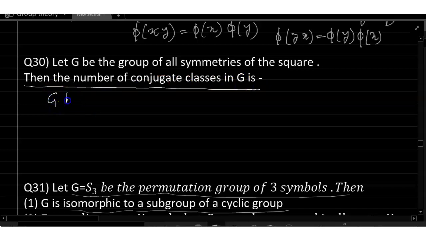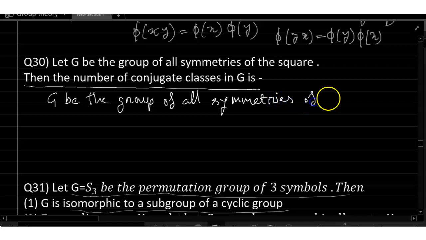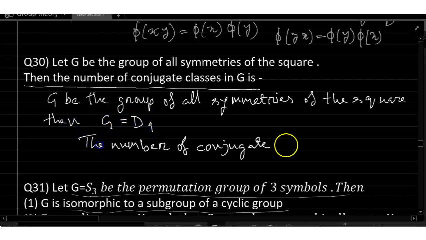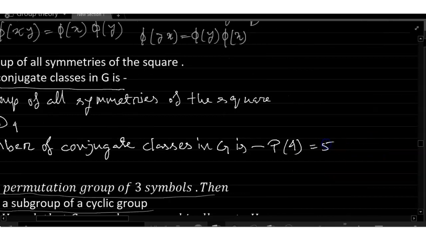So G is the group of all symmetries of the square, then G equals D4, and the number of conjugacy classes in D4 is equal to 5. So my answer is 5.